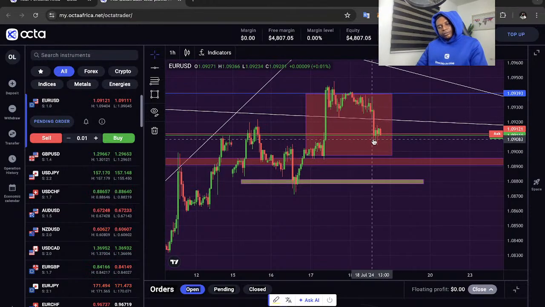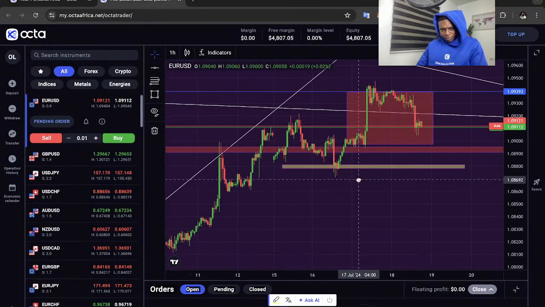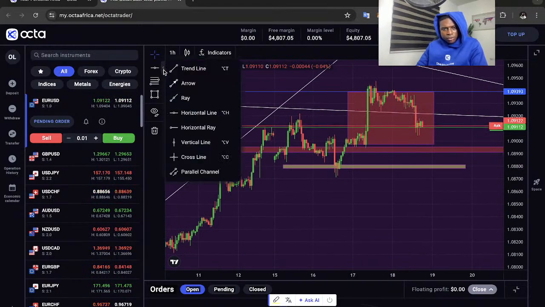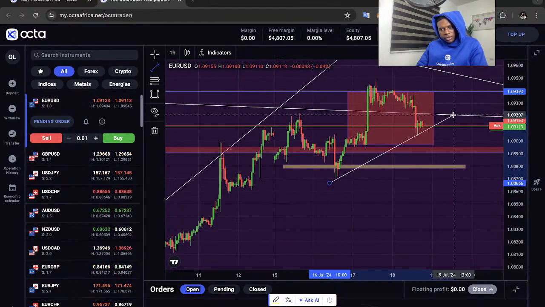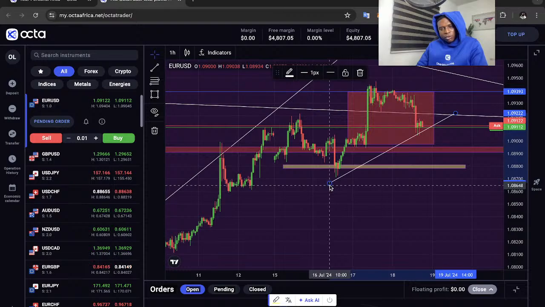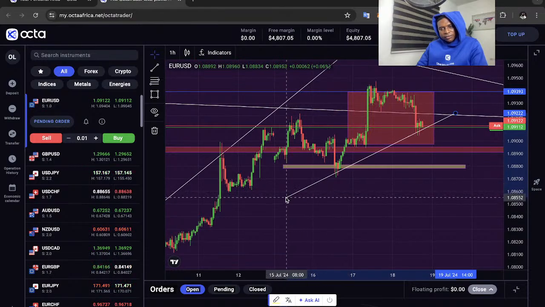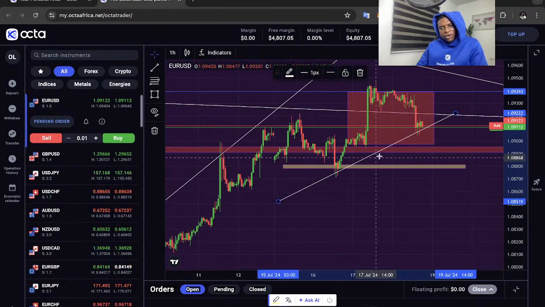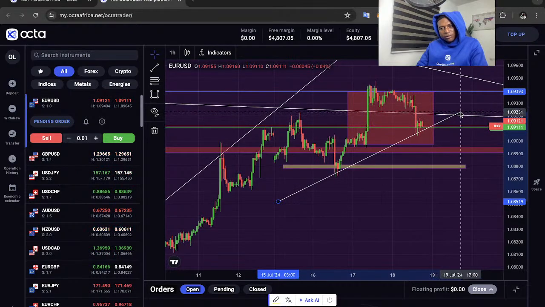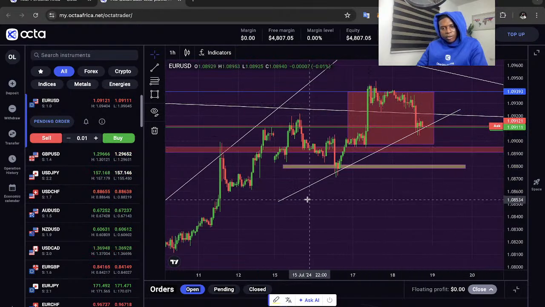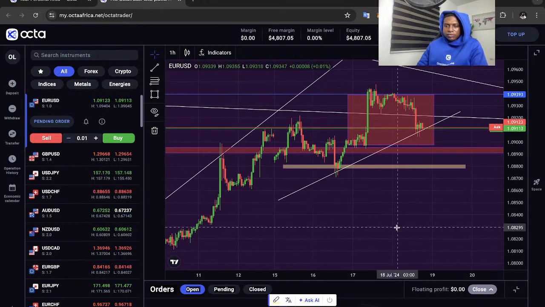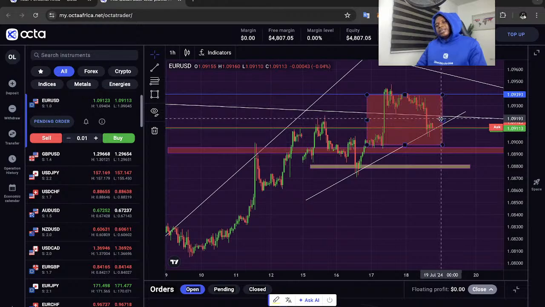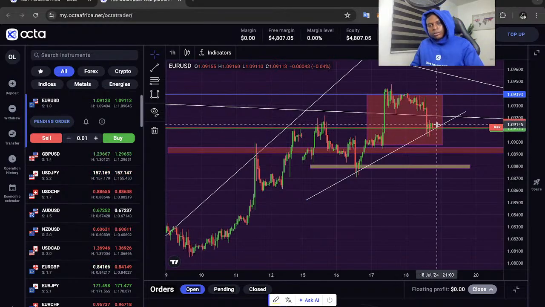But as long as this level holds price, keeping price from falling further, the buy is still very much activated.